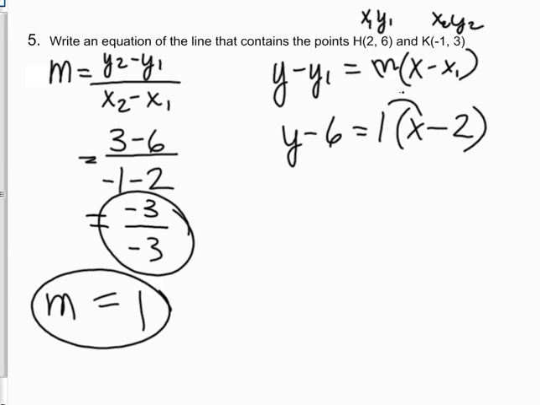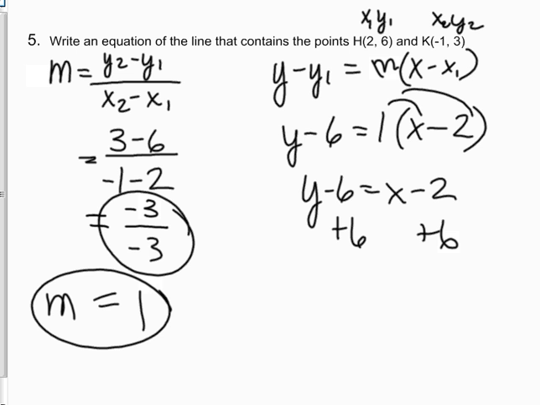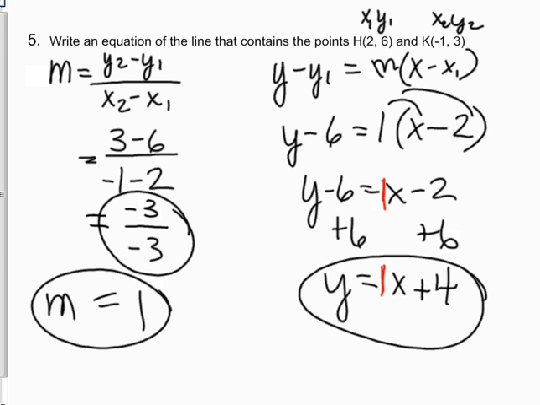So we distribute. y minus 6 equals x minus 2. I'm going to add 6 to both sides. y equals x. Remember, there's the invisible 1 right here. And it's going to be +4. There's the equation for that line.